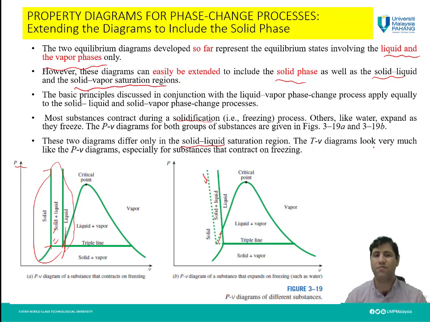The TV diagram looks very much like the PV diagram, especially for substances that contract on freezing. It means this one can also be a TV diagram by changing the pressure for that substance. For example, this is the reduction of temperature, or this is the increase of temperature, and you can see the changes.